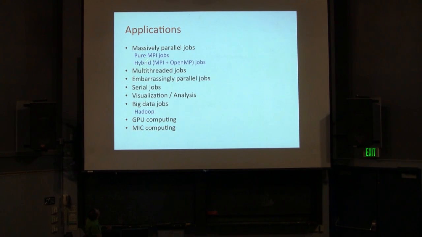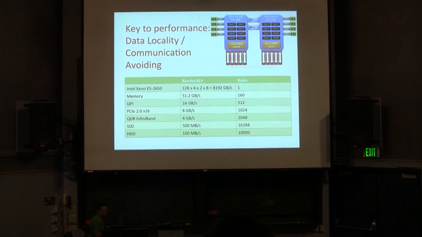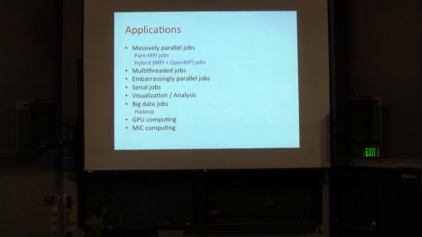But then we realized, given the architecture limitations and the memory access cost here, that nowadays we really recommend, if possible, converting your code to a hybrid programming model, where you combine MPI with OpenMP.